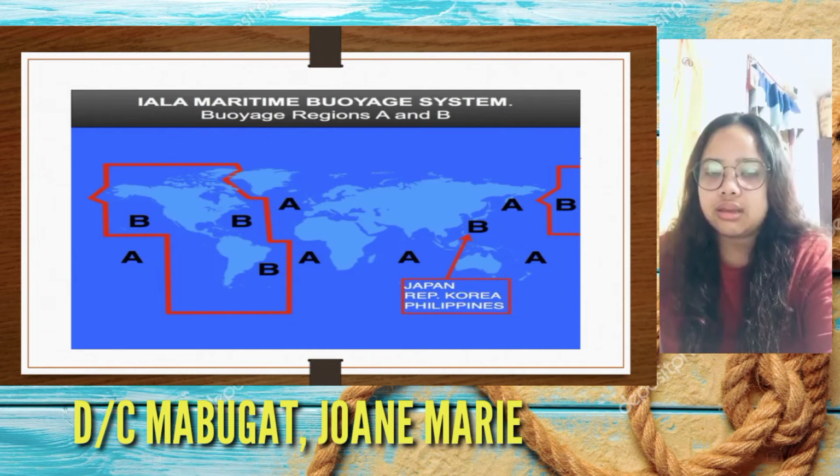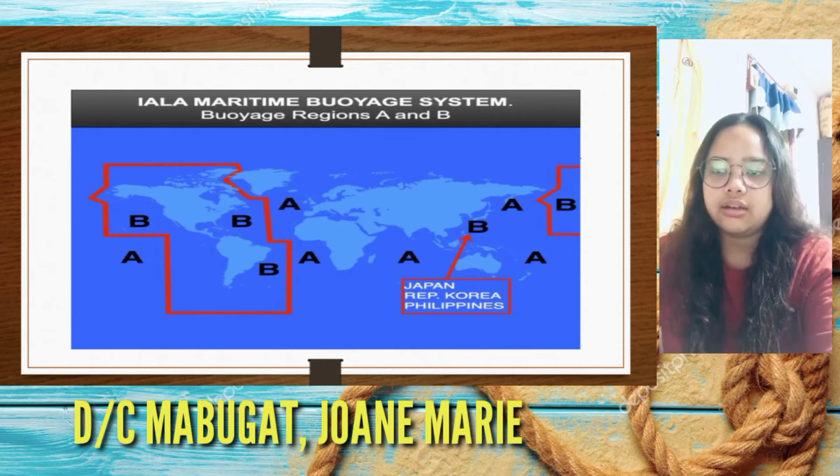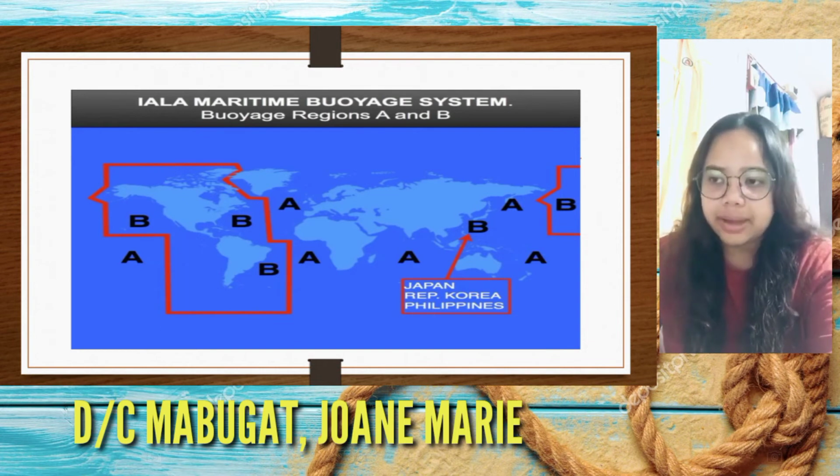Region A includes Africa, most of the Asian countries, Australia, Europe, and India. Region B includes North, Central, and South America, Japan, Korea, and the Philippines.